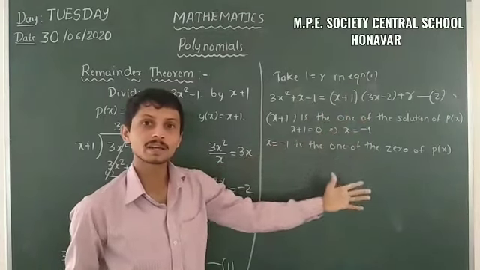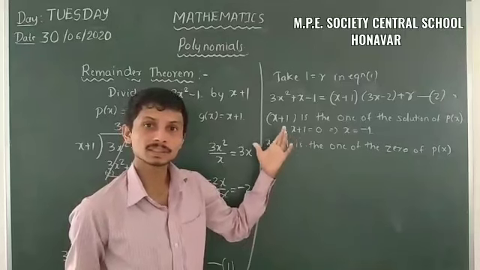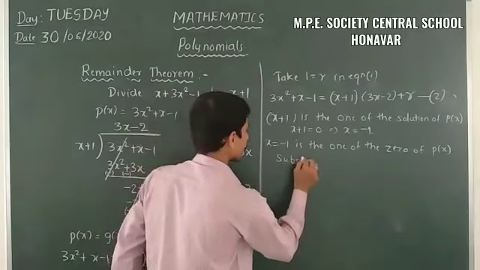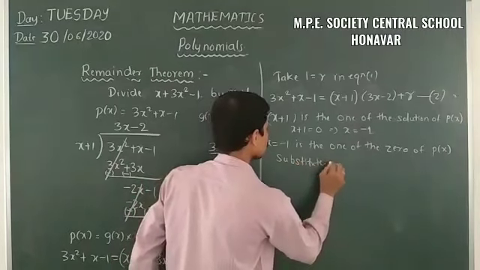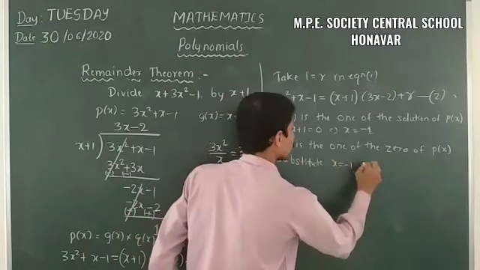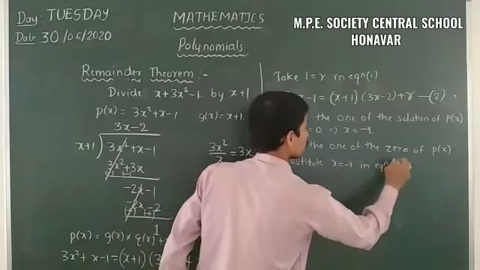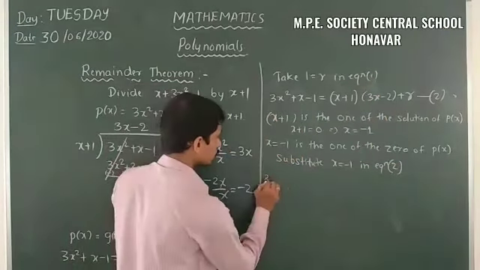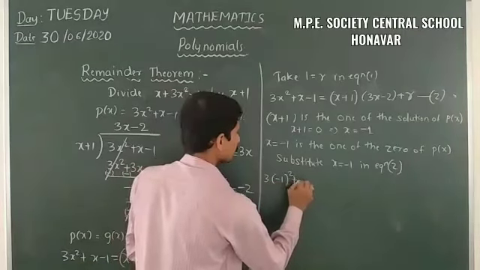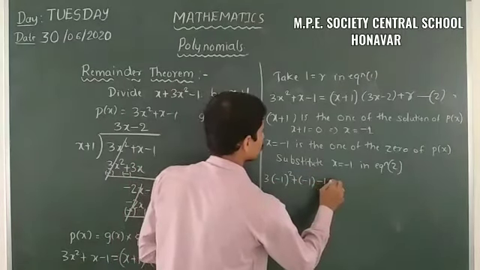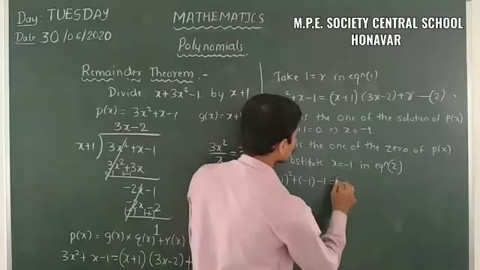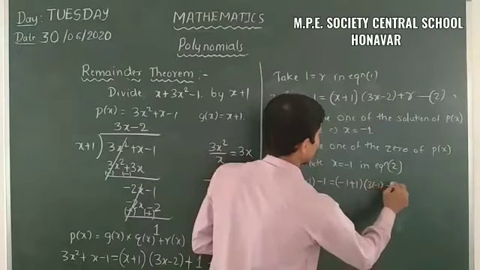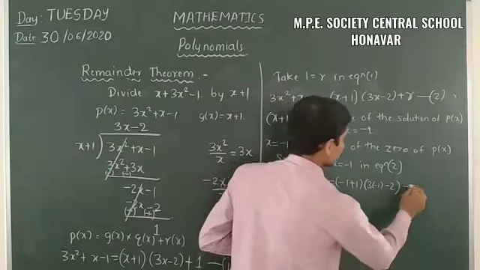After that we have to find the remainder of this division. So let us substitute x is equal to minus 1 in equation number 2 here. So let us substitute: 3 into minus 1 square plus minus 1 minus 1 is equal to minus 1 plus 1 into 3 into minus 1 minus 2 plus r.